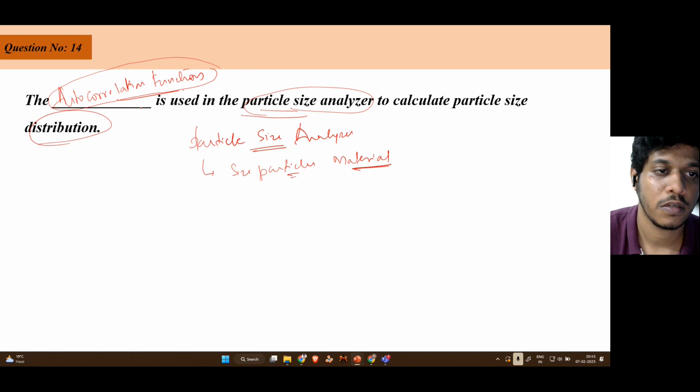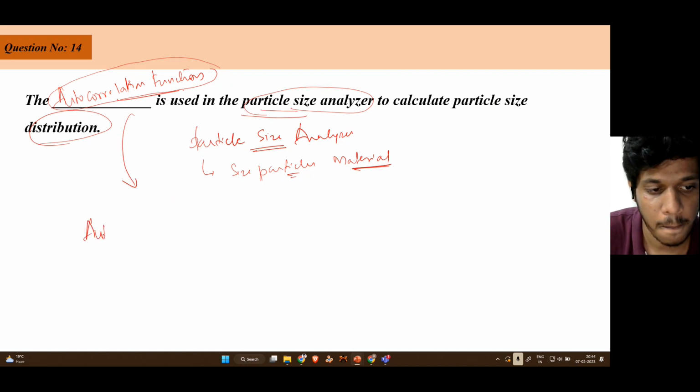And the next question: the dash function is used in the particle size analyzer to calculate the particle size distribution. The answer for this is the autocorrelation function.